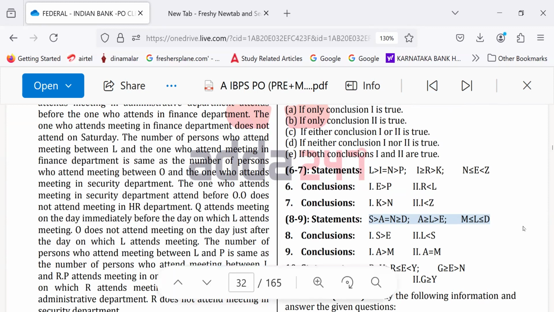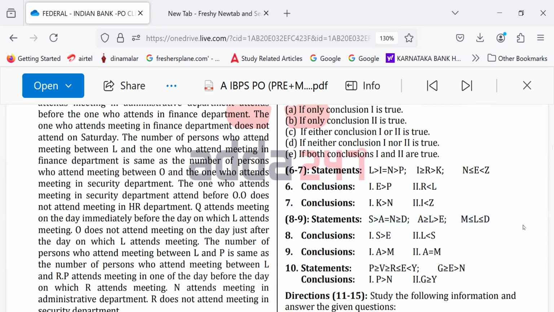Question number 8. S is greater than or equal to A, which is greater than or equal to N, which is greater than or equal to D. A is greater than or equal to L, and that is greater than E. Then M is less than or equal to L, which is less than or equal to D. Now question number 8 speaks about S and E, then L and S. S is here, E is here.